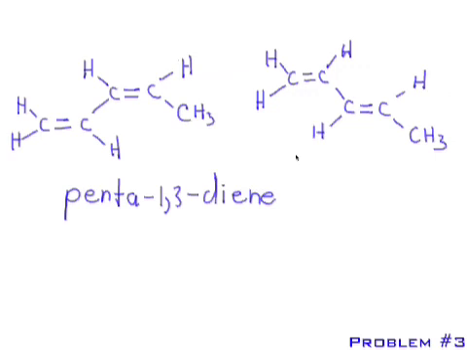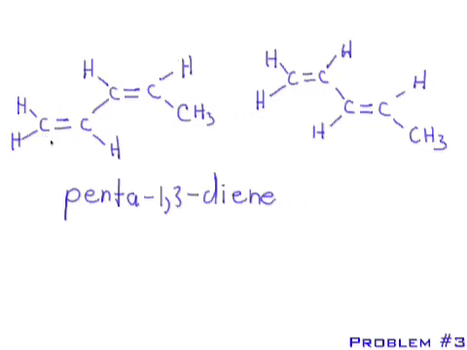So now the question comes across, do we have geometric isomerism, or are these identical? And so, you know, we can check our rules. If I split this double bond, and I look at this carbon first, I see two identical groups. If a carbon has two identical groups, that double bond cannot have geometric isomerism.